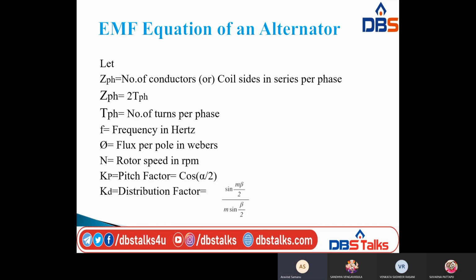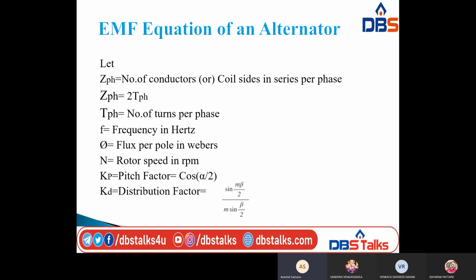And next we have the EMF equation of an alternator. So this is also a very important question in this chapter, EMF equation of an alternator. Before going to derive the EMF equation of an alternator, we have to consider some parameters. Firstly, Z is equal to total number of conductors.